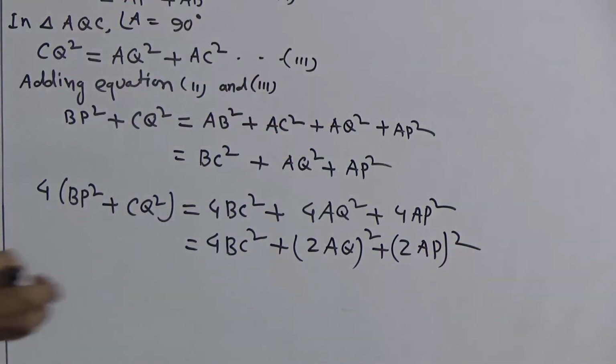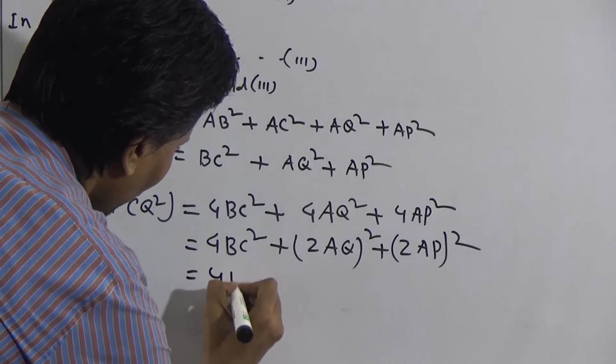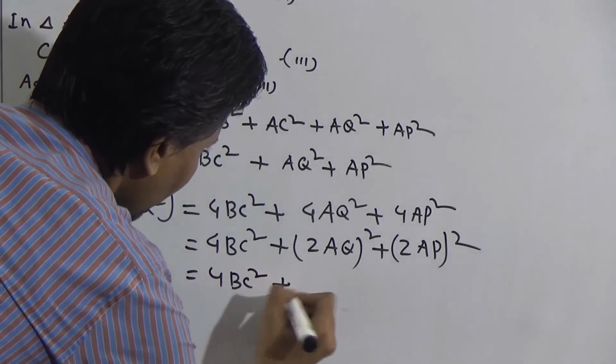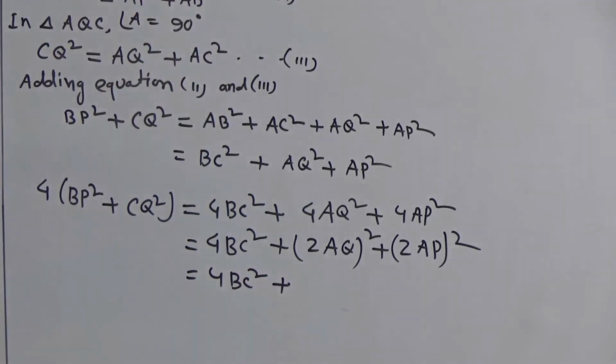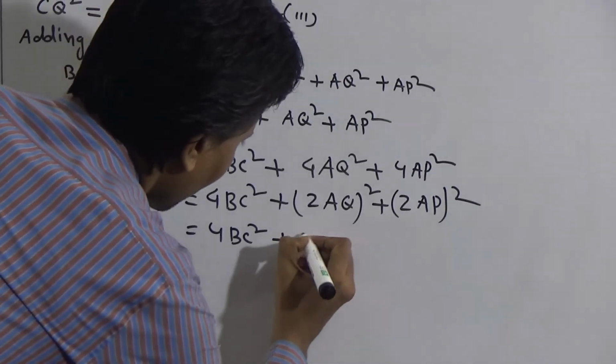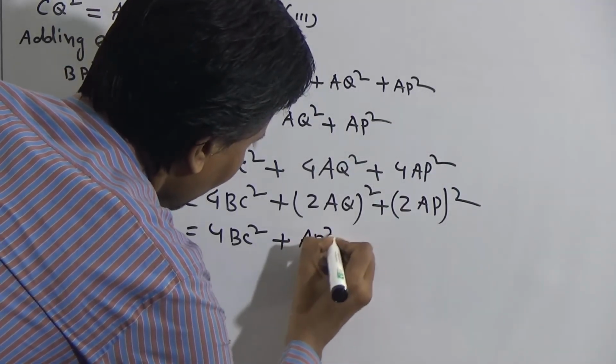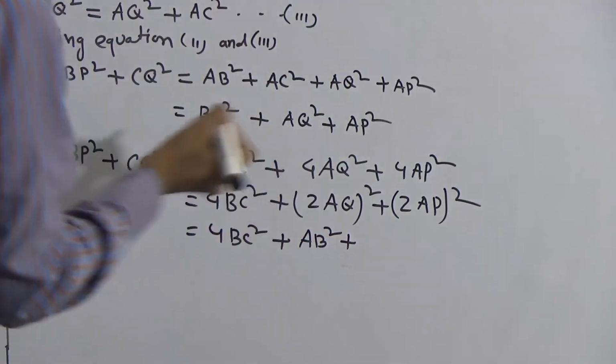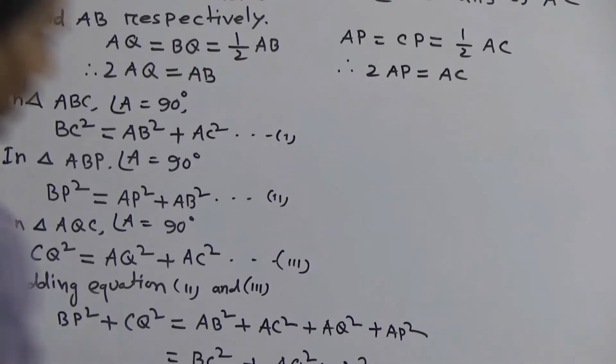Therefore write 4 BC square. 2AQ means AB, again you see, right here AB, plus 2AP means AC.